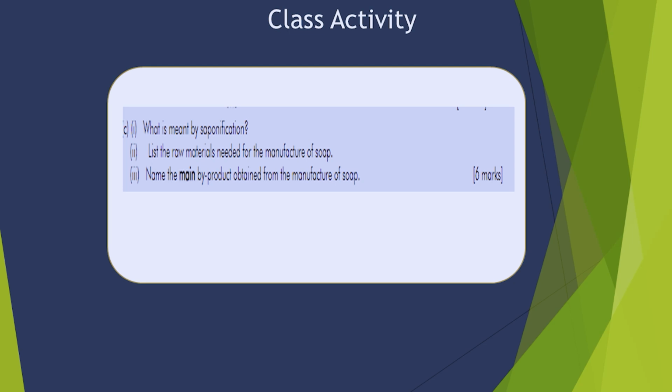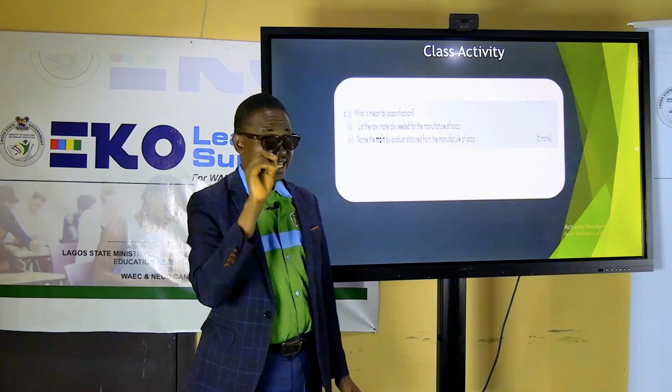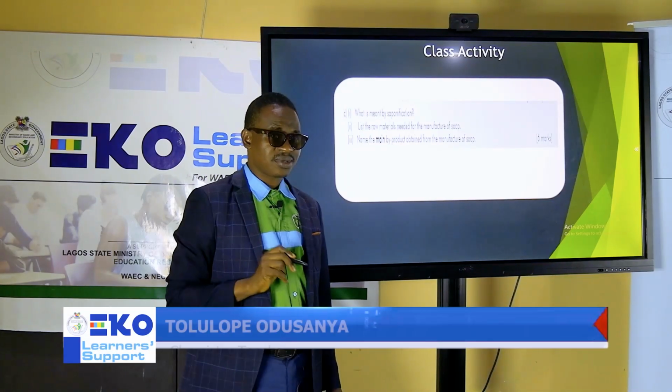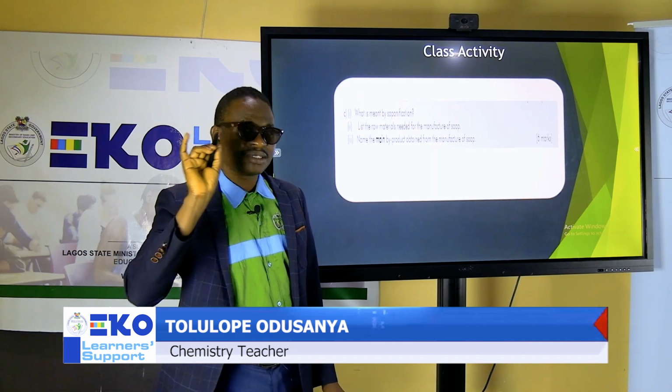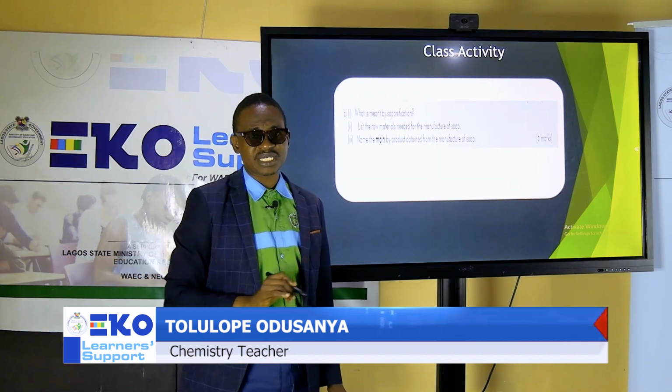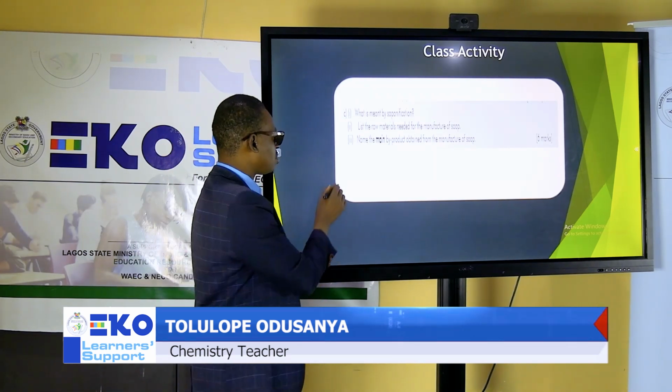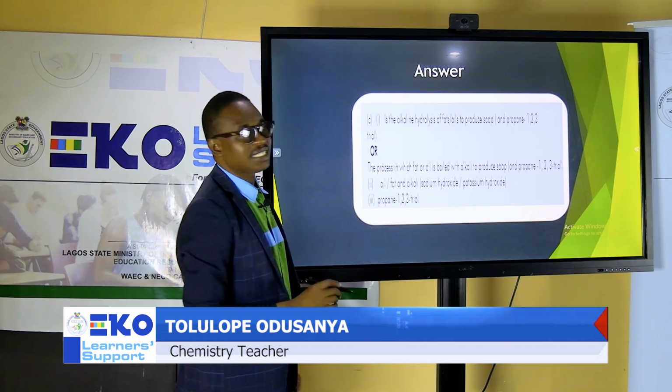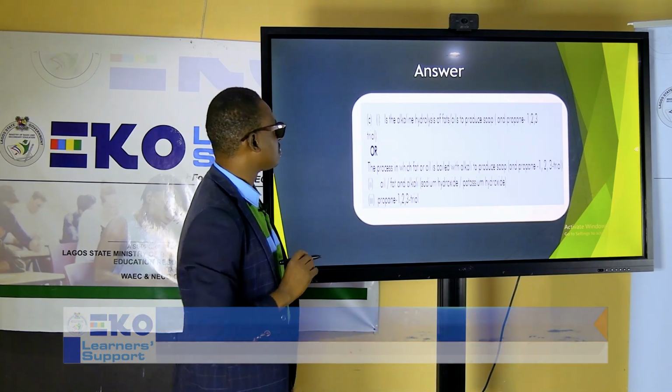Good. So name the main byproduct obtained from the manufacture of soap. Can you tell me? Oh, I hear you saying glycerol. Another name for glycerol? Propane 1,2,3 triol. Good one.